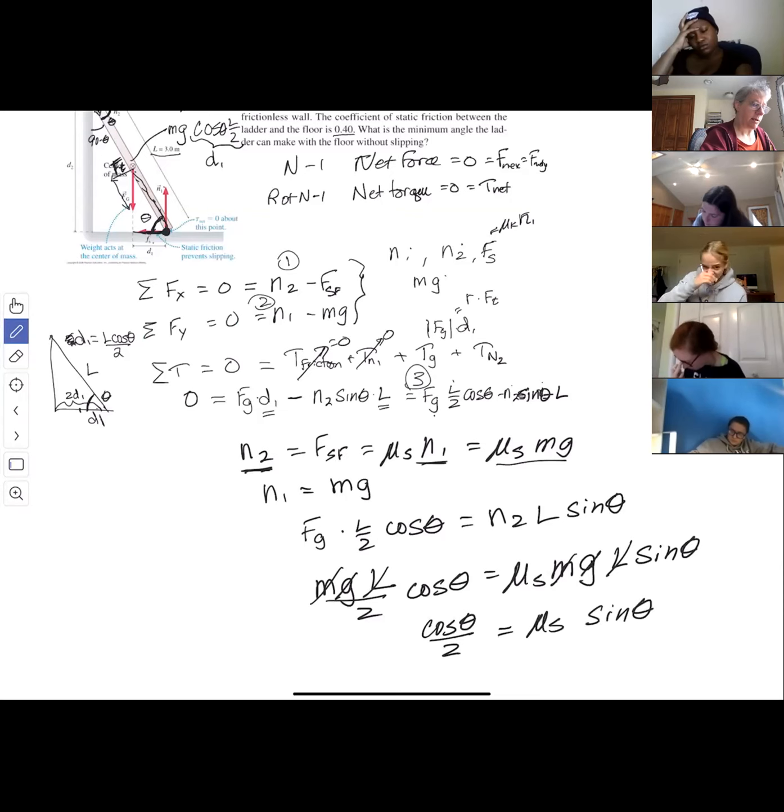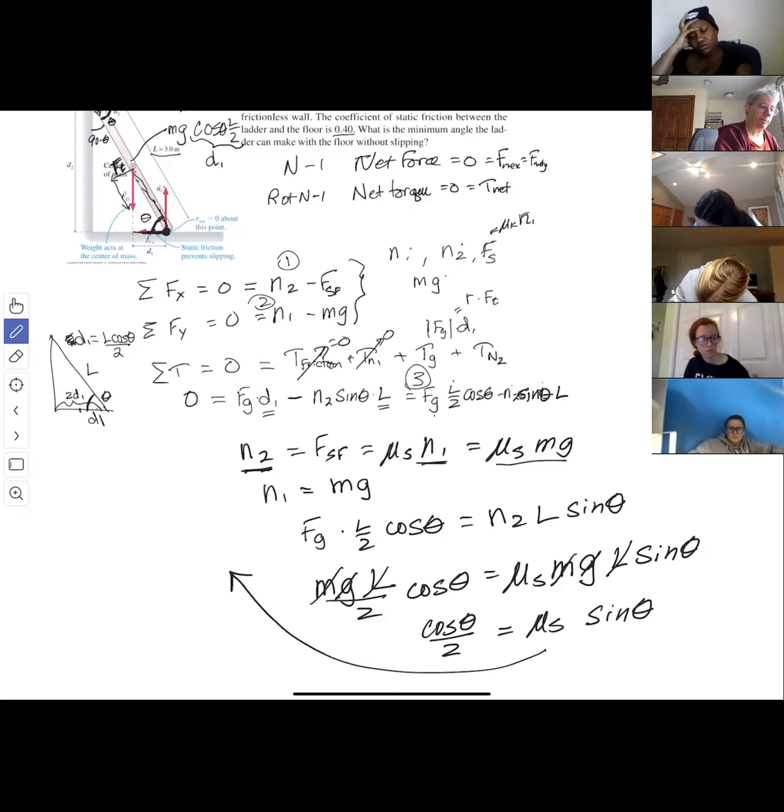Let me take this over here where I have a little bit more room. We've got sine and cosine on different sides, but if you take the cosine and put it underneath the sine, then you could change that into tangent and it'll look simpler. So I'm going to divide both sides by cosine, so that I've got sine of theta over cosine of theta.